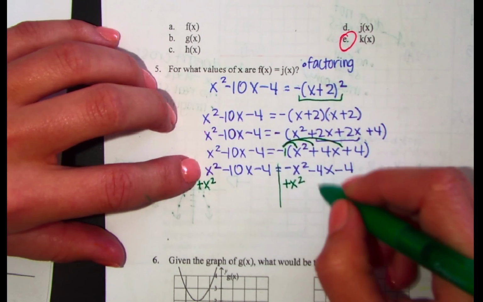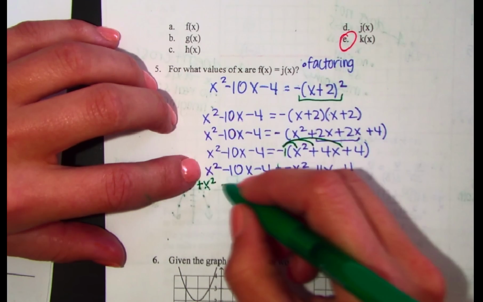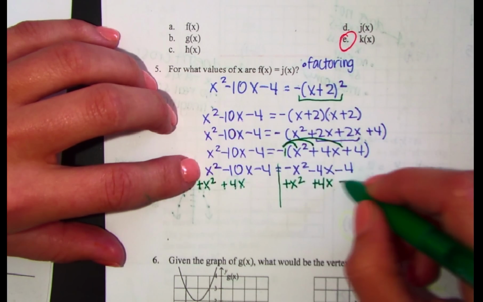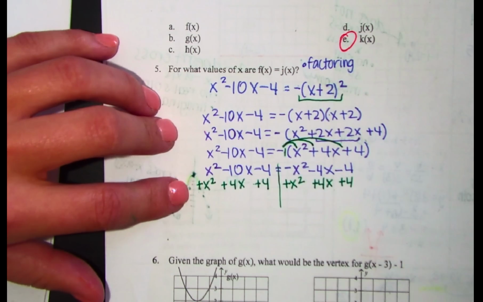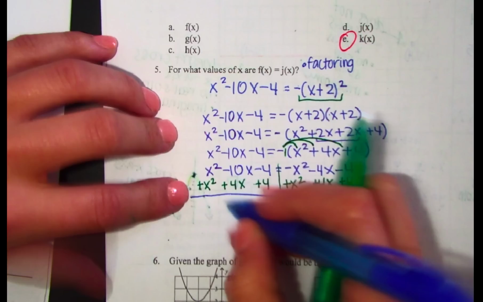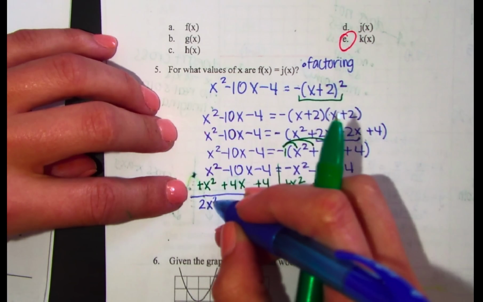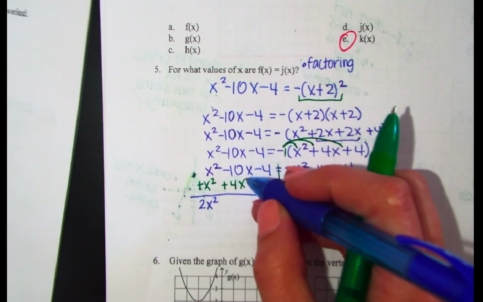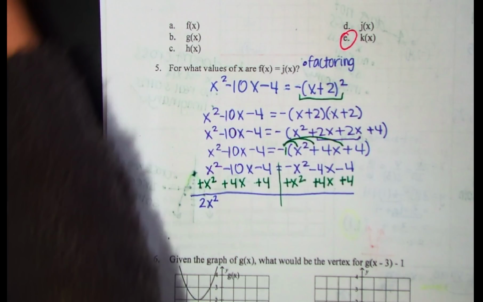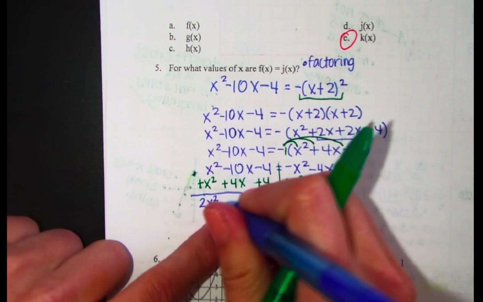Then I move negative 4x by adding 4x to both sides. Then I move negative 4 by adding 4 to both sides. And then I'm going to add down, and I get x squared plus x squared is 2x squared. Negative 10x plus 4x gives me negative 6x.